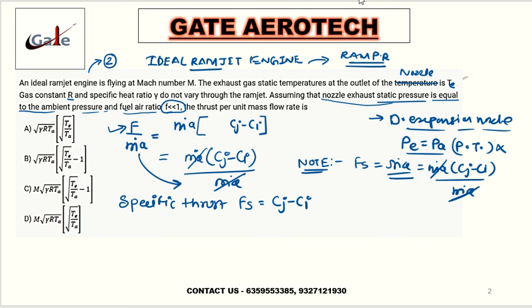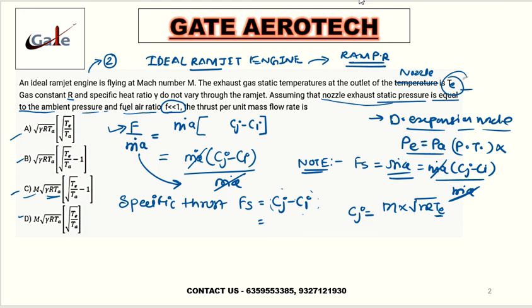Now they have given 4 options. I need to satisfy one of these. So can I write Ci and Cj in terms of Mach number and sonic velocity, because they have given the options in those terms. Okay, so can I write Cj as M into root of gamma R Te? Your exit temperature is Te, right?